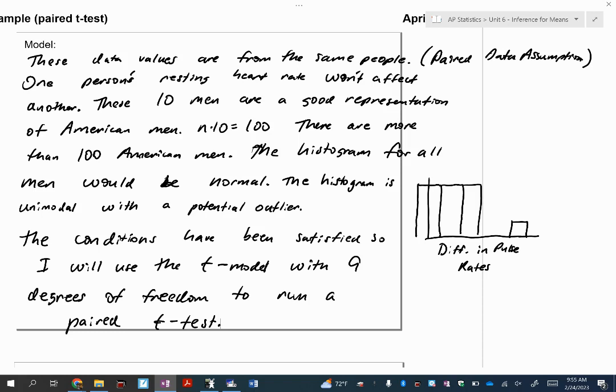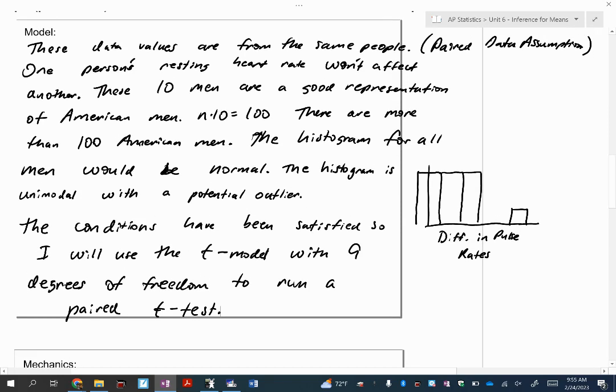Now from here, I'm going to transition to the mechanics, to show you my work on how I get my test statistic. And hopefully at this point, you know the p-value, so I can make a conclusion. If you're out there and you know what you're doing, go ahead.